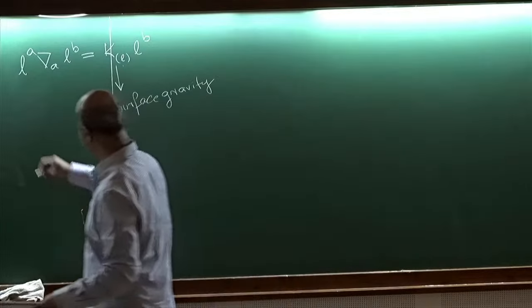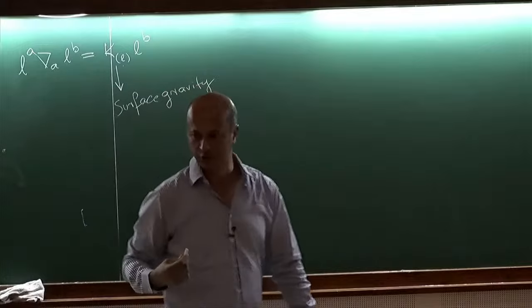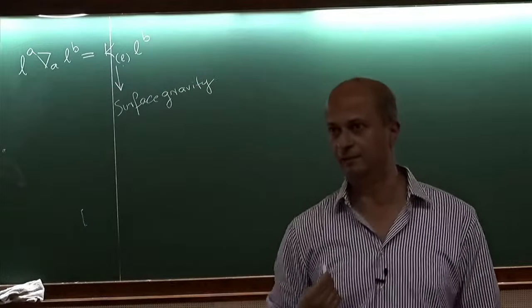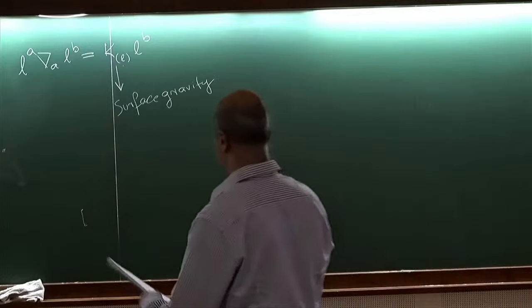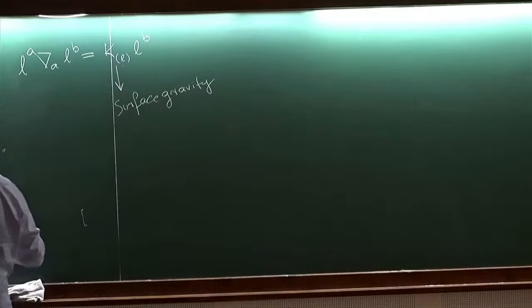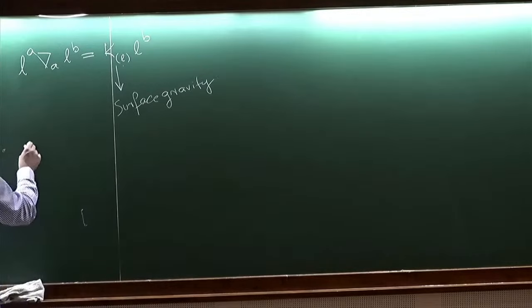Now the second thing is to apply the Raychaudhuri equation for L. Okay. So this is essentially a component of the Einstein field equations, or in fact, just geometry. The way I'll write it is the following.